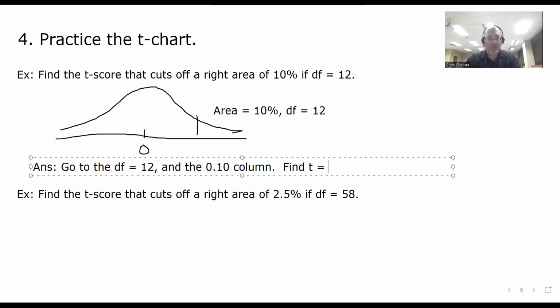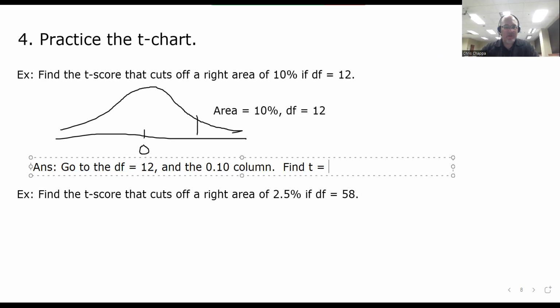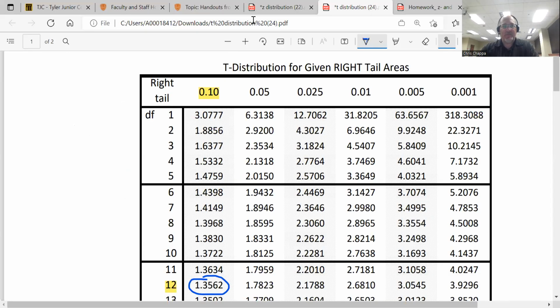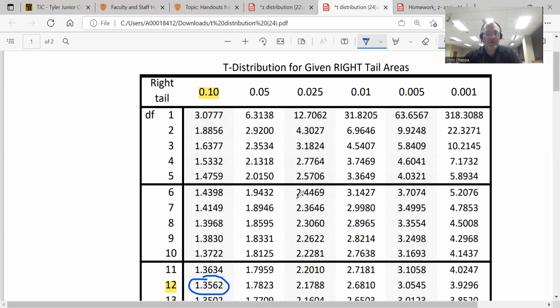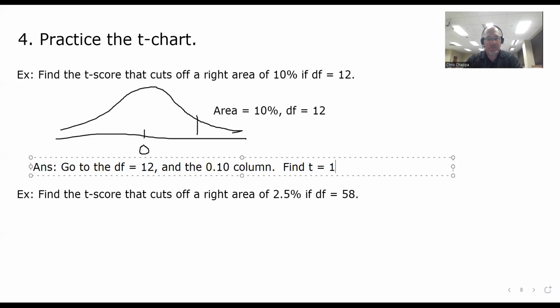Find t equals, what was it? It was 1.3562. Piece of cake. But Mr. Chappell, what if it's a right area? Oh wait, this is a right area. Never mind. Thinking something else.